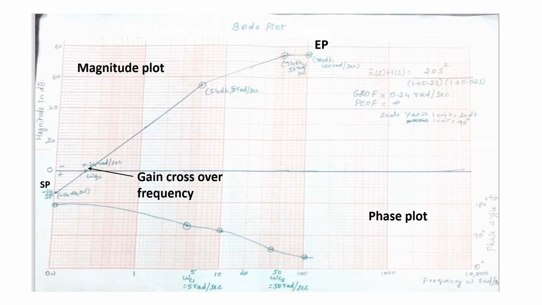For this problem the phase crossover frequency is infinity, because the phase crossover frequency is the frequency where the phase plot intersects the minus 180 degree line. But in this problem the phase plot does not intersect that minus 180 degree line. Therefore, the phase crossover frequency for this problem is infinity.